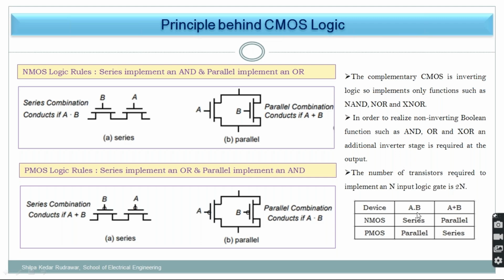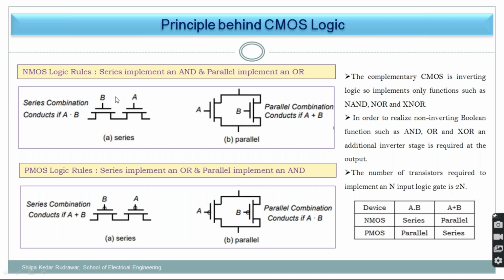If you try to remember both things, you will be in a confused state about which is for series and which for parallel. So don't get confused, just remember any one, and the opposite of that will be for the other. I am remembering for the NMOS because it is directly related: multiplication means series, addition means parallel. Here the same is mentioned.